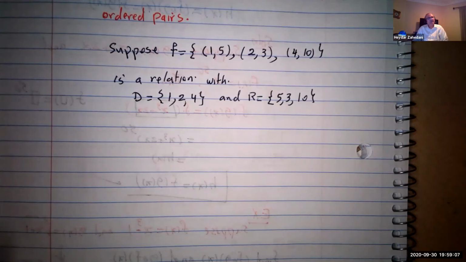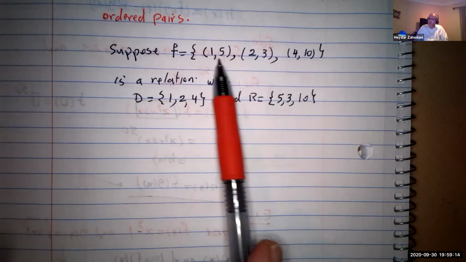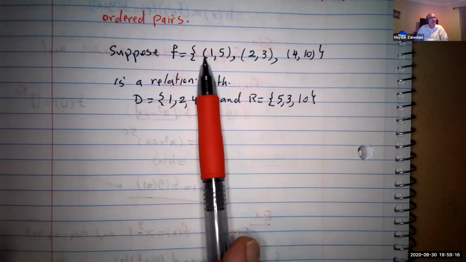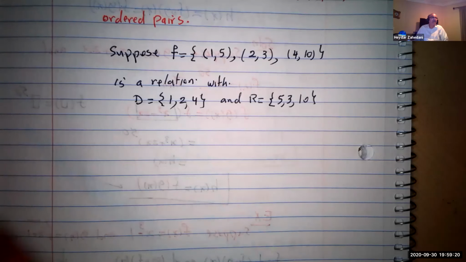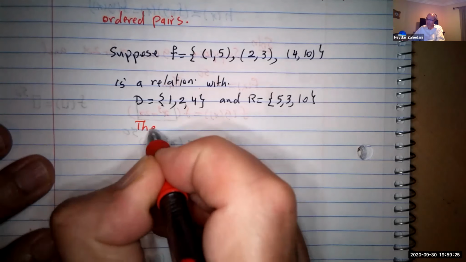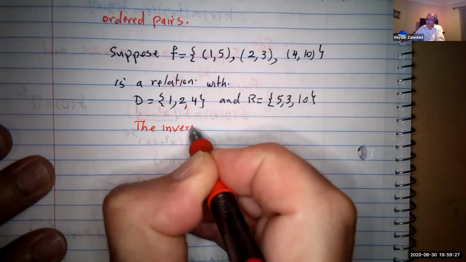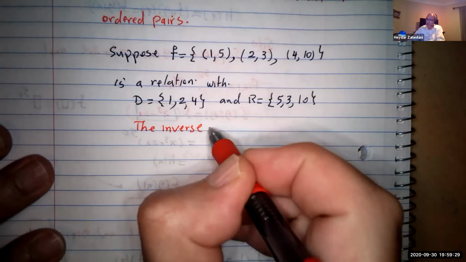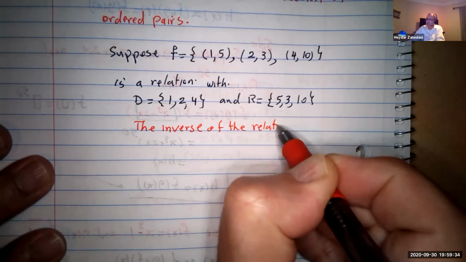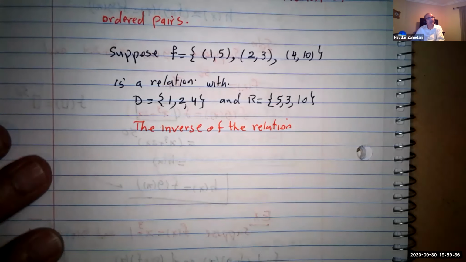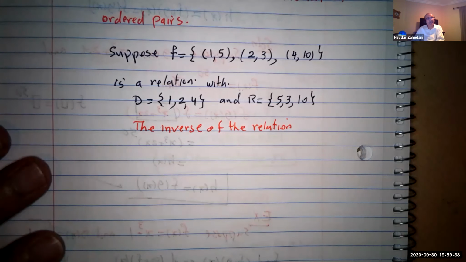So what we're going to do is define an inverse to the relation. The inverse of the relation is the one where you switch these ordered pairs. Okay, if you switch the ordered pairs, the result is going to be called the inverse of the f. So the inverse of the relation, you know the relation is just an ordered pair, x and y.